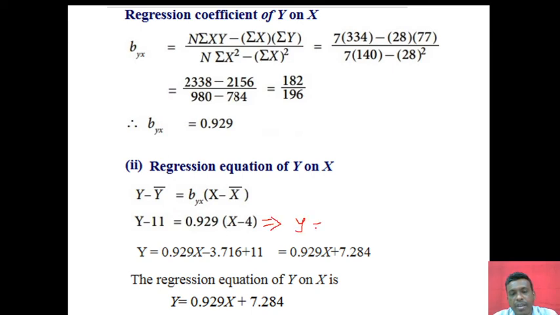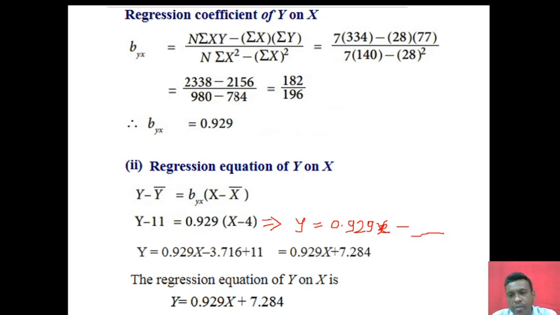One step is missing here, I'll just write it. This implies y equal to 0.929 into x minus 4 into 0.929. Just check what it comes, 4 into 0.929, that you have to write here.